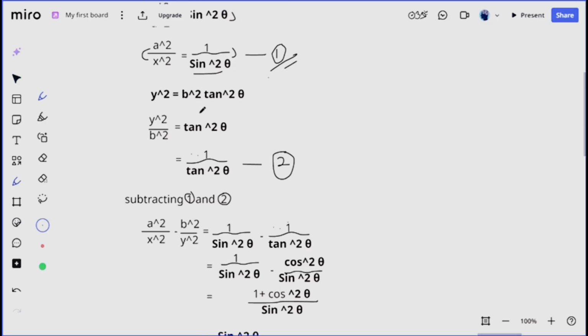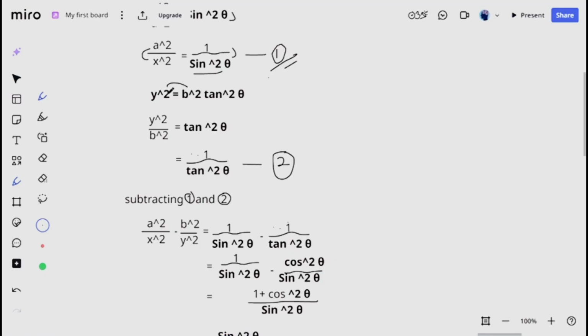So y square is equal to b square tan square theta. And then when you send it the other way, you're sending the RHS value to the LHS, that's when it becomes y square by b square is equal to tan square theta. And then this reciprocal is not the same thing. Sorry, I have made a mistake here.